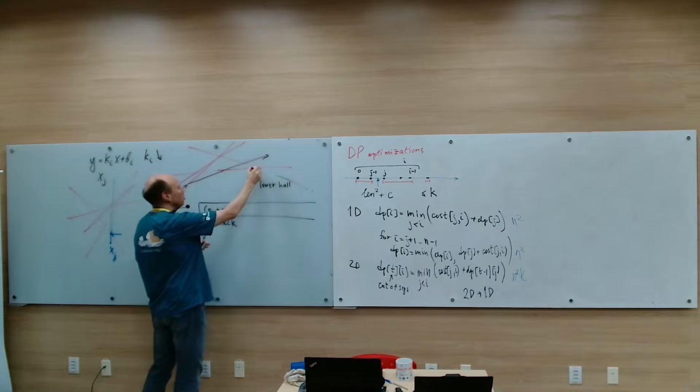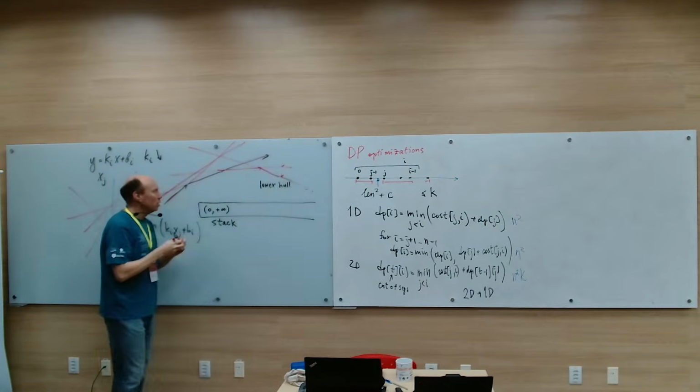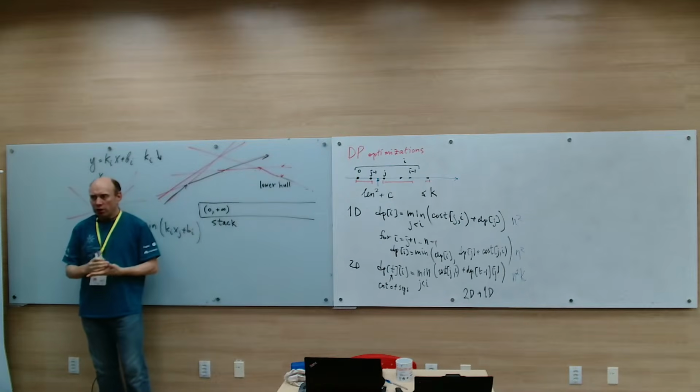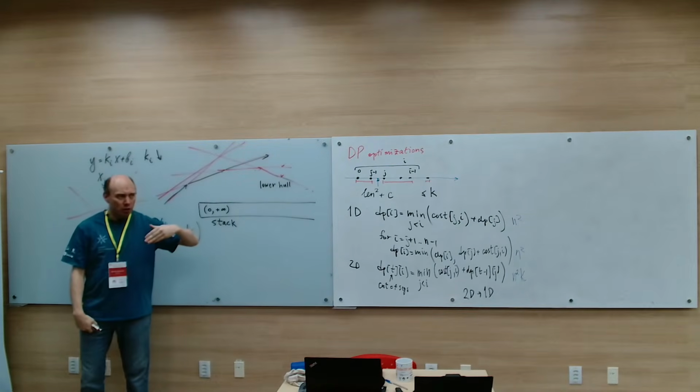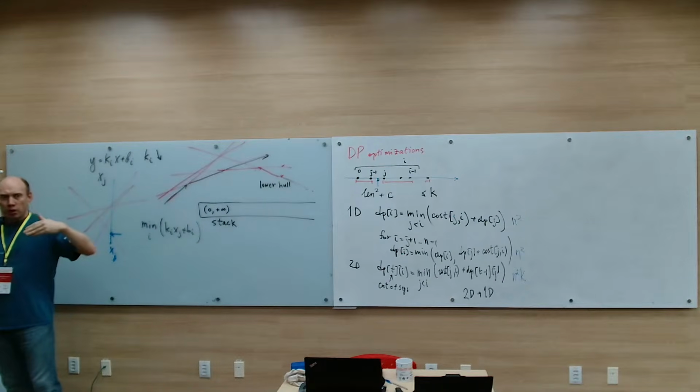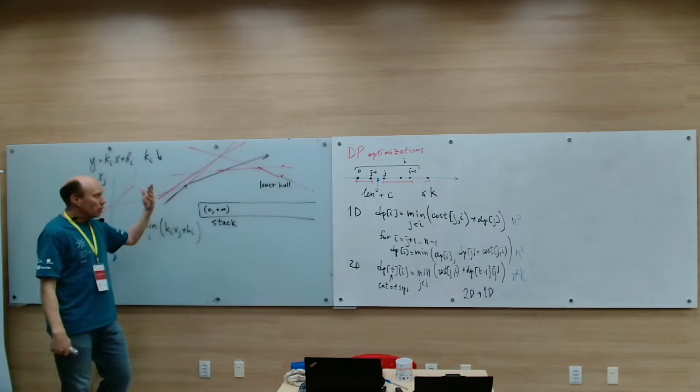Should there be no this line and this line, the lower hull would be like this. But if we are adding another line with a lesser slope, then what should we do?